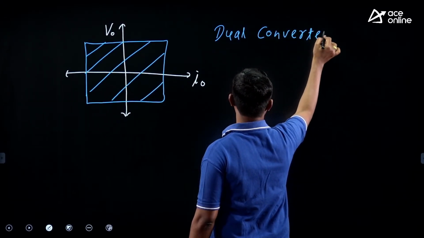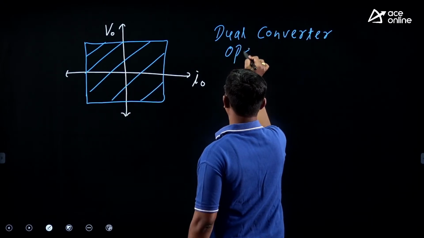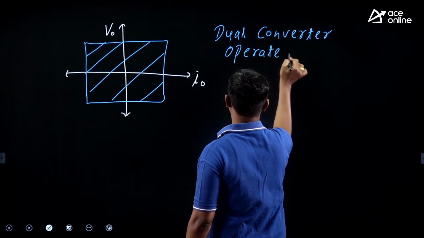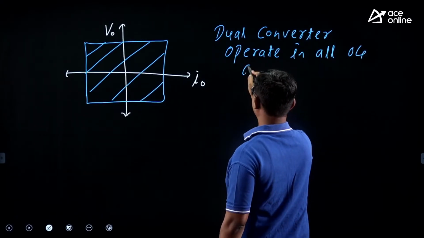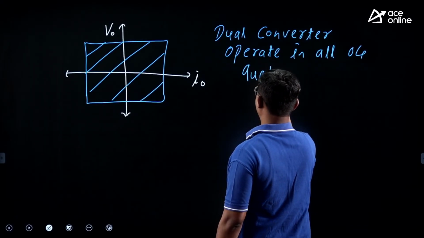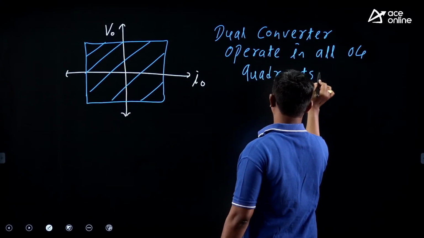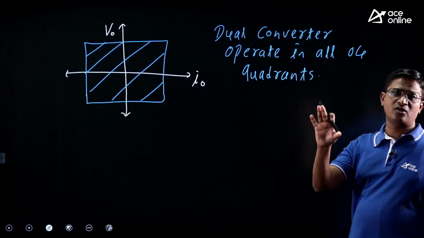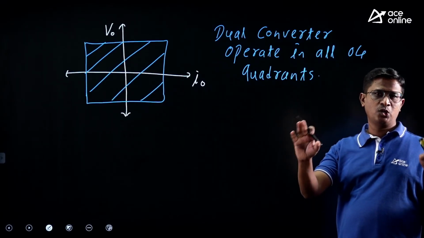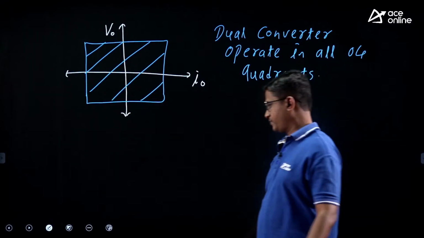Dual converter operates in all four quadrants. Dual converter means simply it is an anti-parallel or back-to-back connection of two full converters.